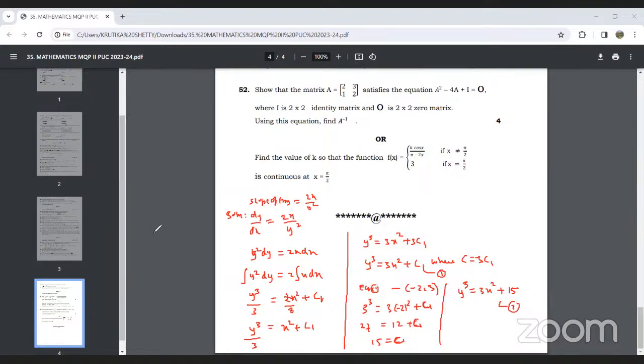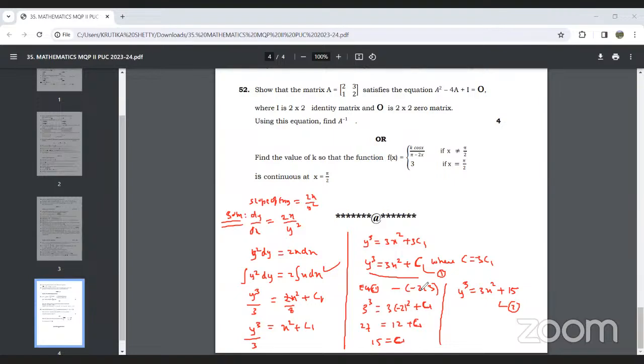Okay, so this example has occurred from differential equation. Slope of the tangent is given to us, and by using variable separable method, first we have obtained the equation of the curve, and then to find out the value of c, the constant, we are considering the equation is passing through minus 2 comma 3.